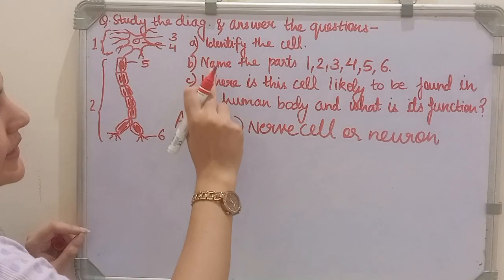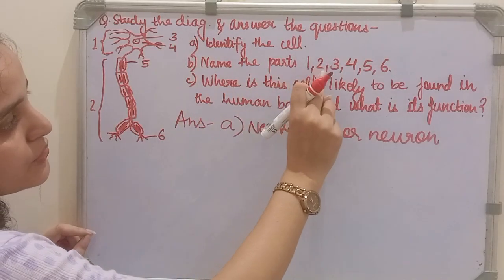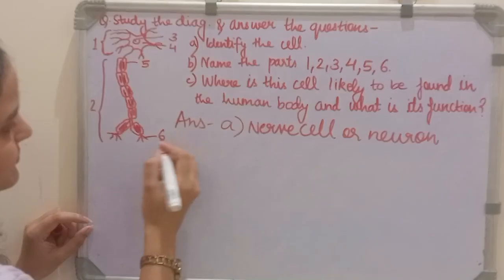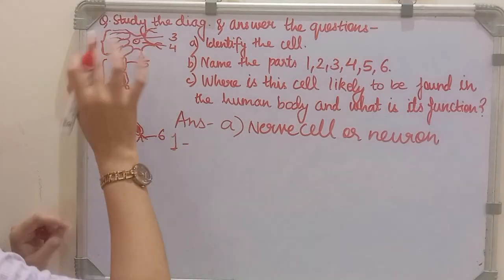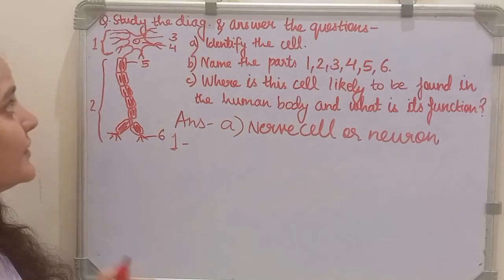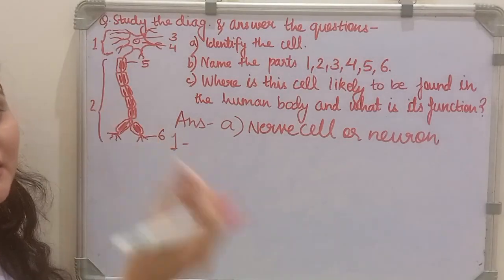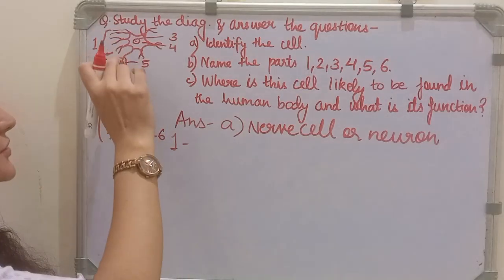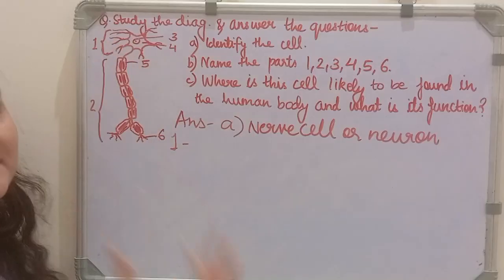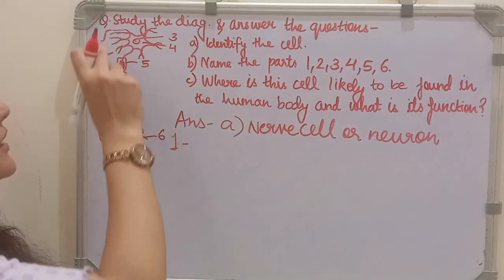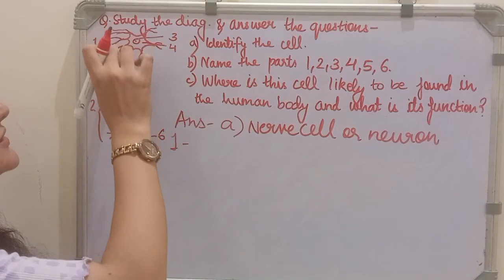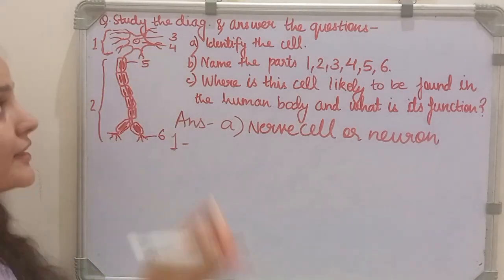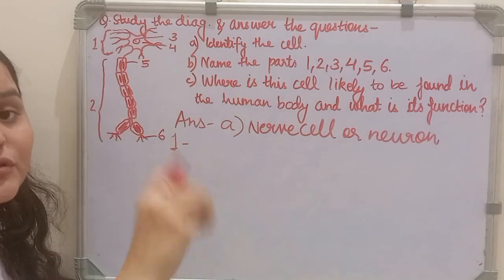Now next part, name the parts labeled 1, 2, 3, 4, 5, 6. In 1, you may get confused between dendrites and cell body, because this whole is also representing the cell body consisting of dendrites, nucleus and cytosol. It may also point to the dendrites which are present. It was not very clearly visible in your book whether it is referring to dendrites or cell body.